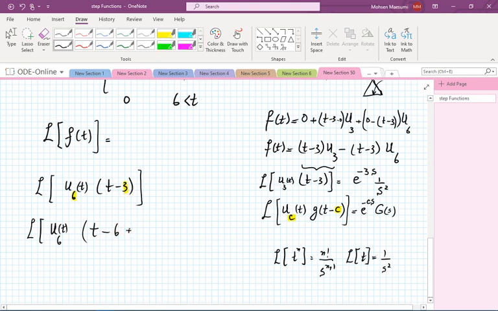Well, then put back what you have borrowed, 3. So I have to write t minus 6 plus 3 so that it will be the same as t minus 3. And then what? Well, this is the same as the Laplace transform of u6 of t times t minus 6 plus 3 u6 of t.